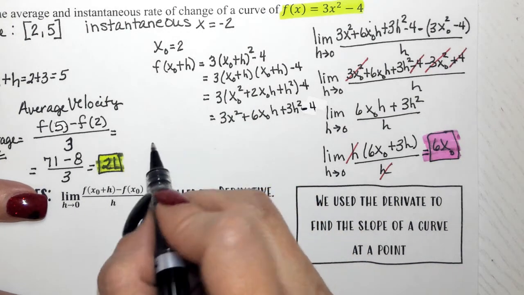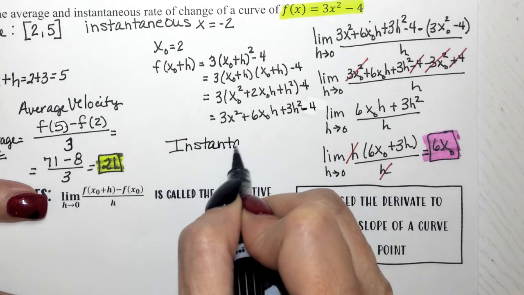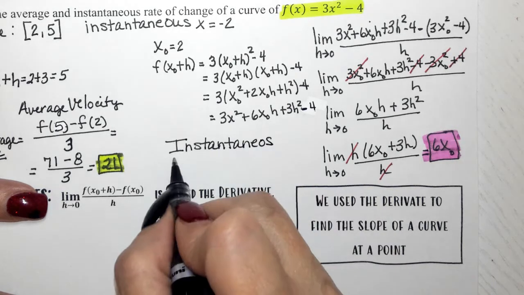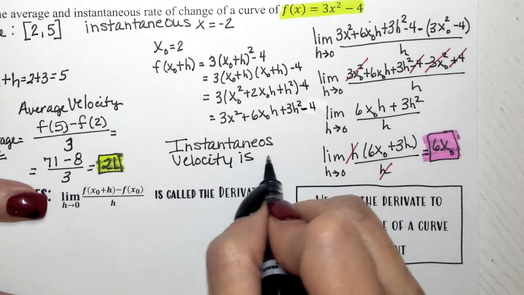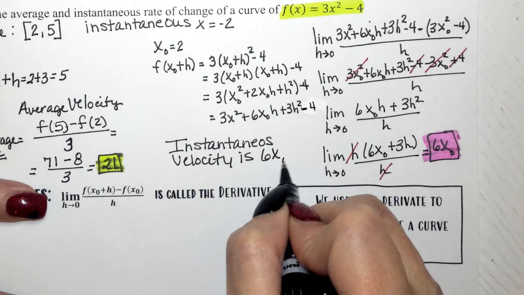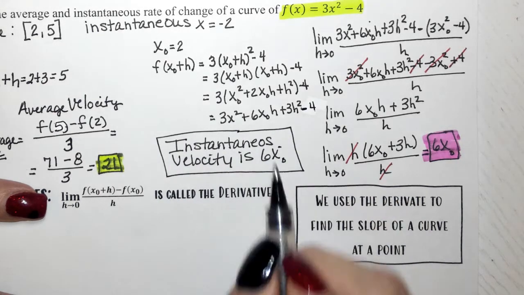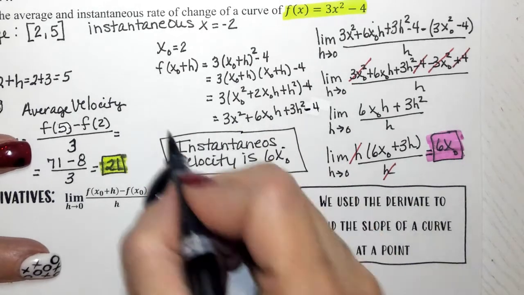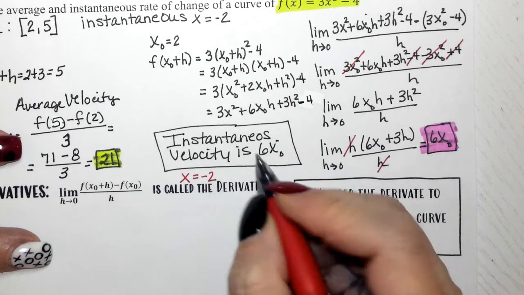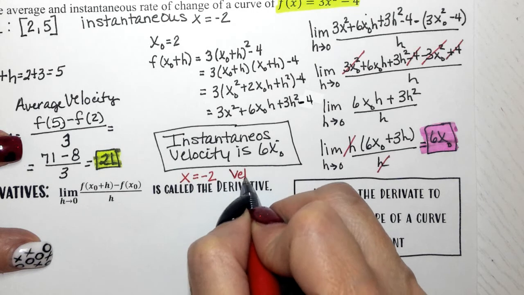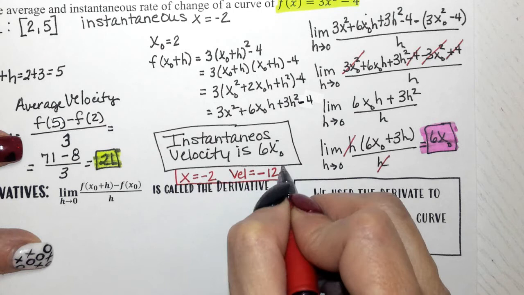So let's say the instantaneous velocity is 6x naught, and at x equals -2, velocity would equal -12. I'll just put it in there like that.